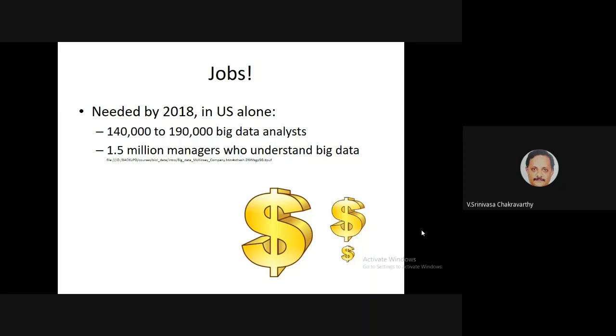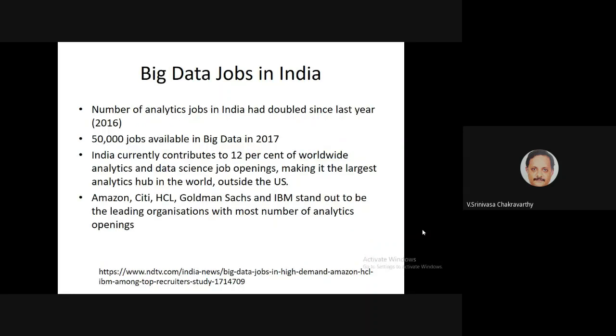This is again old data, but the numbers are growing every year. In 2018, in the US alone, there was supposed to be a need for about 2 lakh big data analysts and 1.5 million managers who understand big data. They may not have worked in big data, but they should know what it is and how to make use of it. So the need is really great, and it's only increasing every year.